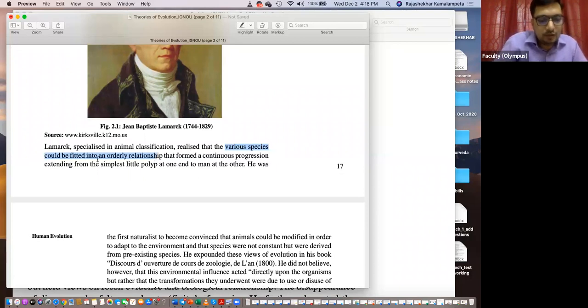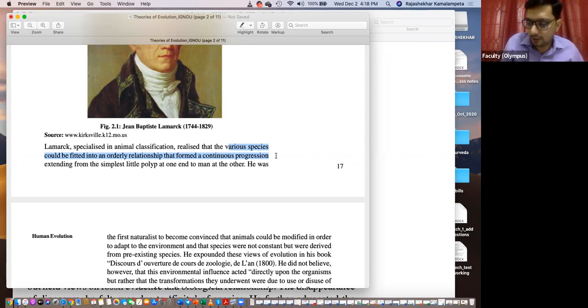So various species could be placed into an orderly relationship, forming a continuous progression.